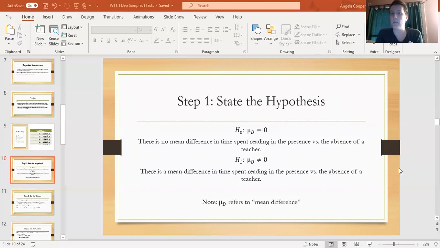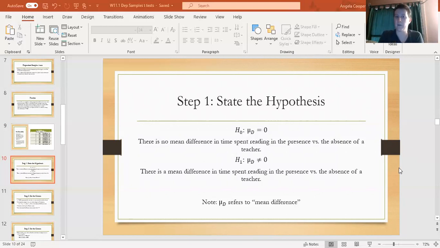Keep in mind, the first thing we did before we even got to this slide was find all the difference scores. We have 220 minus 210. We were taking the scores for one condition and subtracting them from the scores of the other condition that each participant took part in.